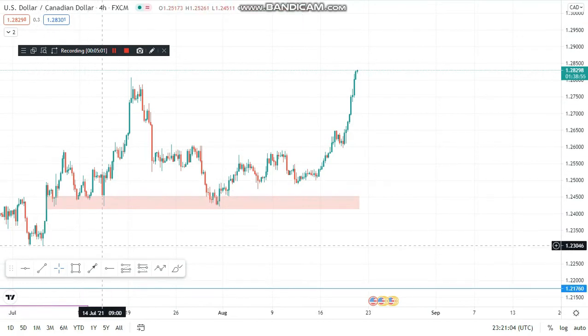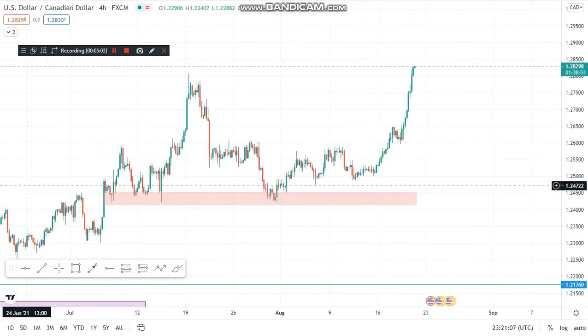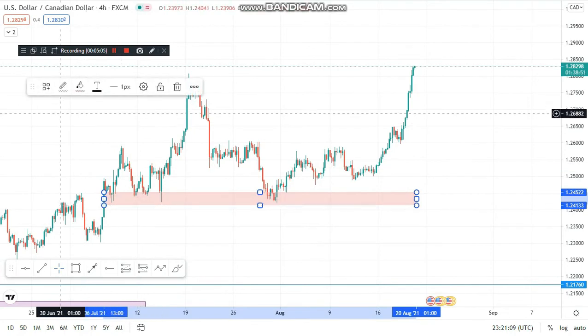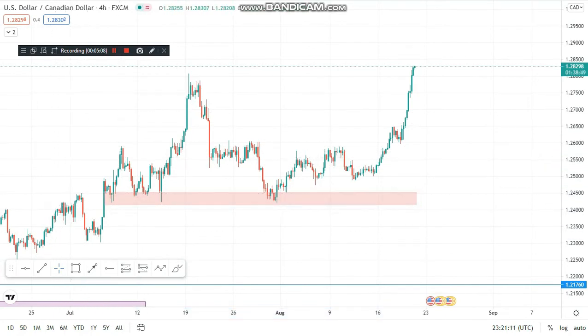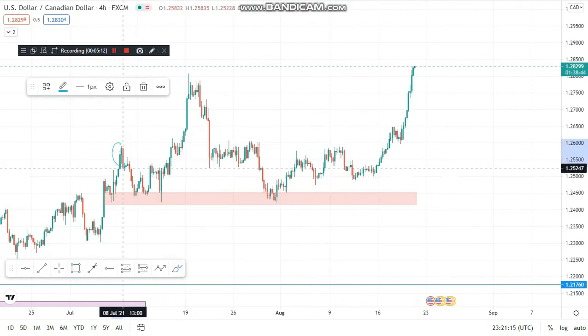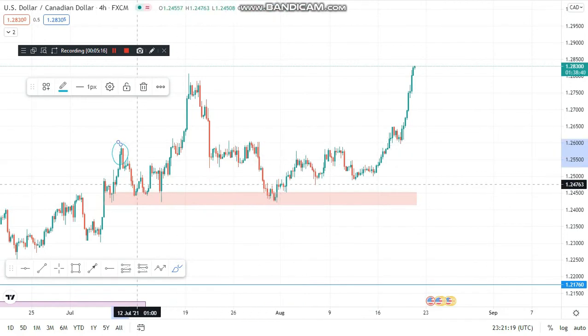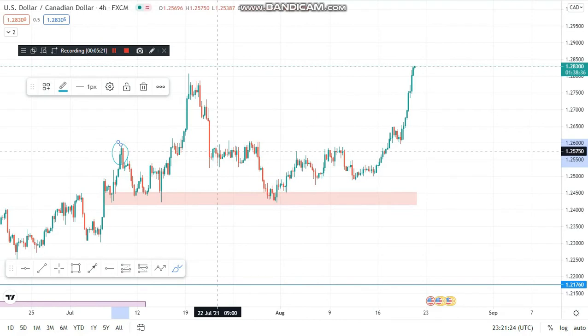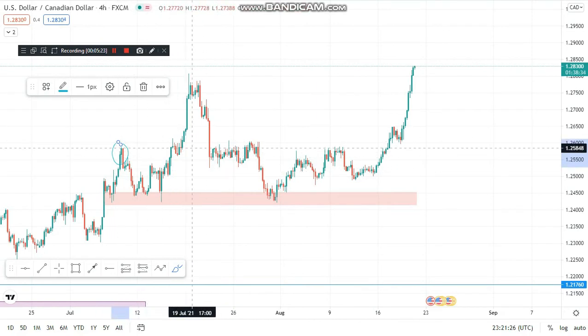Let me show you another example. Like this one now. This is the first touch. This one now is the first touch here, and there is no second touch. You know what I'm saying? If you have the first touch without the second touch, it is very risky to take a trade from there.